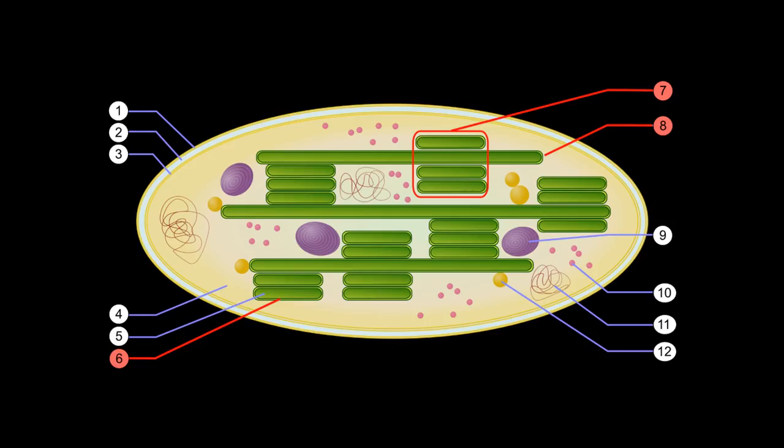Talk very briefly about how that, so this green section right here is one thylakoid. They organize themselves into stacks, so this whole stack right here would be a grana.